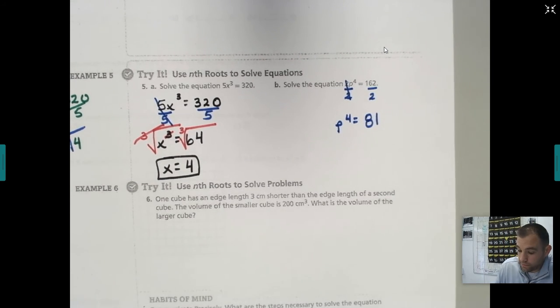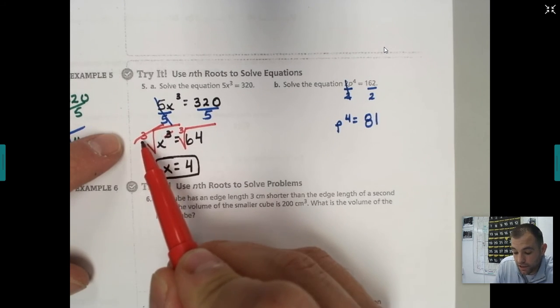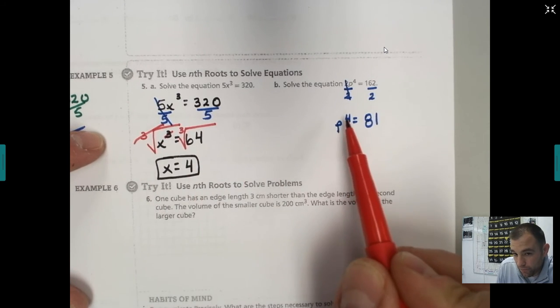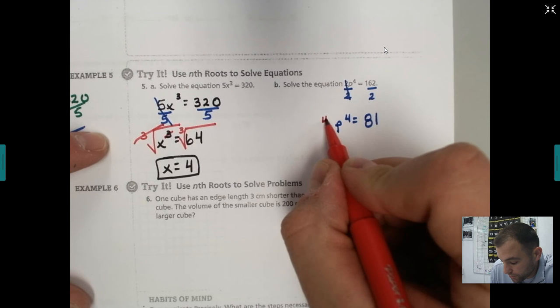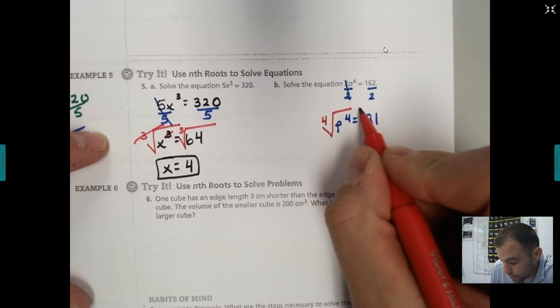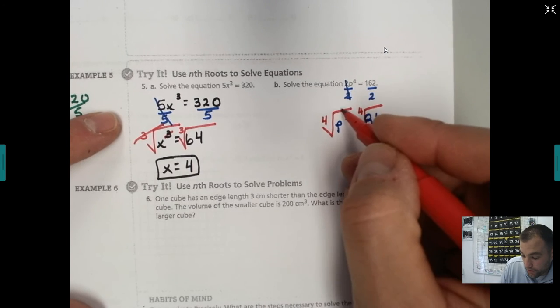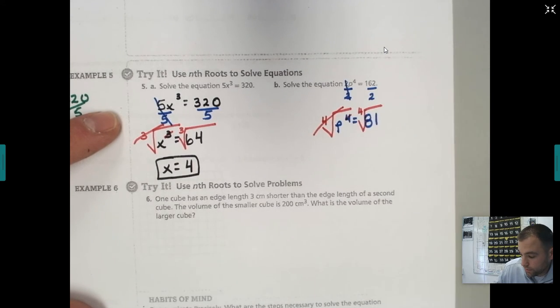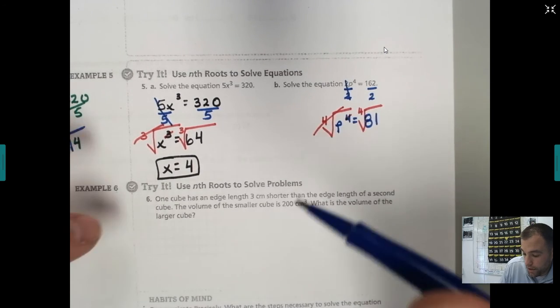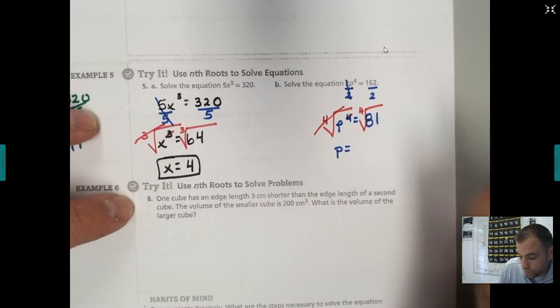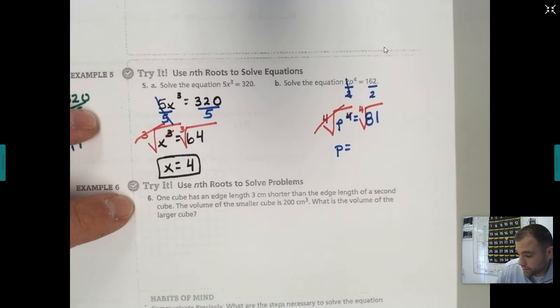Now, over here, I had x to the 3rd, so I did a cube root. Now I have p to the 4th, so I need to do the 4th root of both sides. That way, the 4's would cancel, and I'm just left with p equals the 4th root of 81.